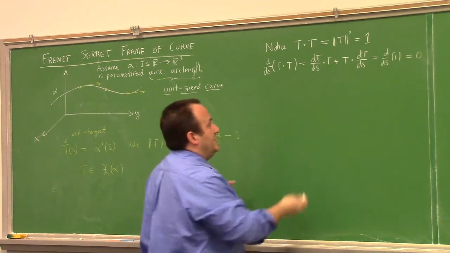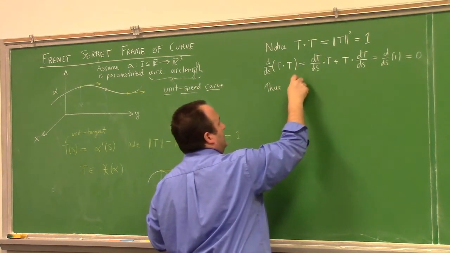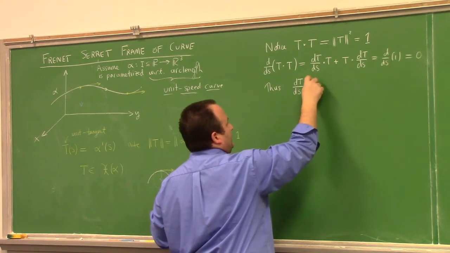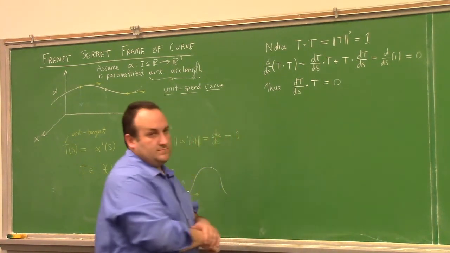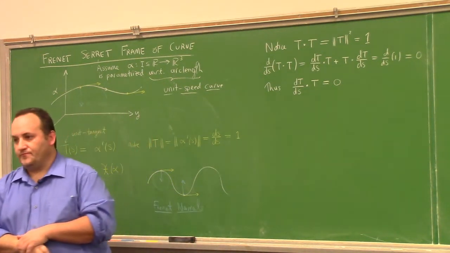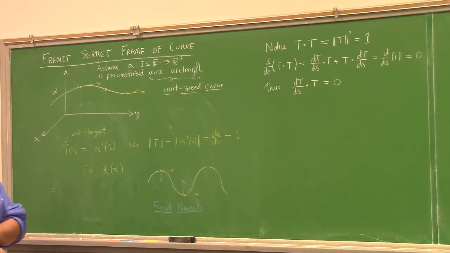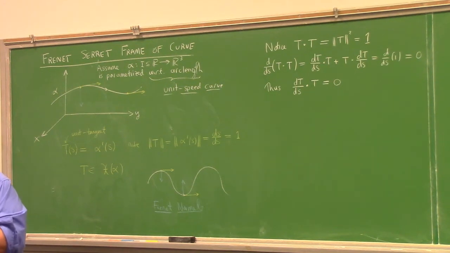So in short, this shows that dT/ds dotted with T is equal to 0. So the derivative of the unit tangent field gives us a new vector field, which is everywhere perpendicular to the tangent field along the curve.